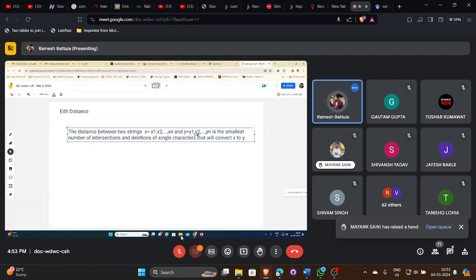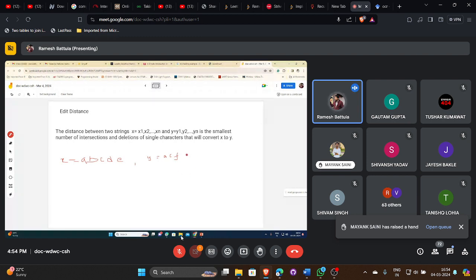For example, here we take the edit distance. What are we supposed to find? Suppose x is equal to a b c d e and y is equal to a c f d e g.